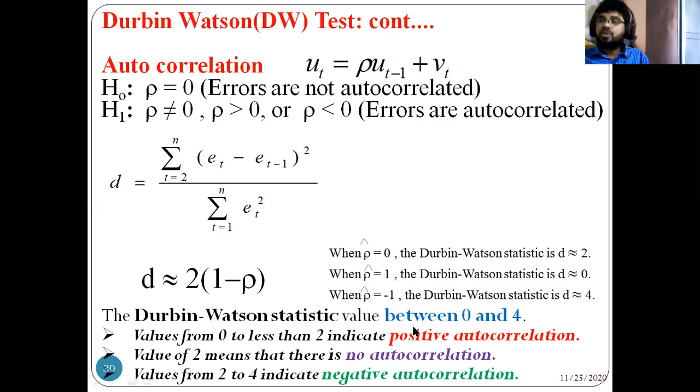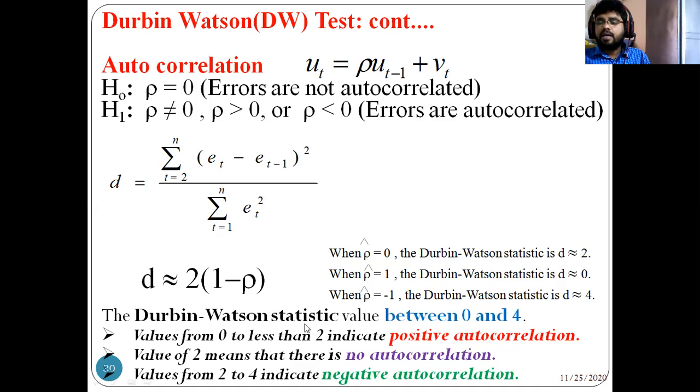If D is equal to 0, what does it mean? If D is equal to 0, the estimated coefficient rho would be plus 1. If D is equal to 2, the estimated rho is equal to 0. If D is equal to 4, the estimated rho is equal to minus 1.